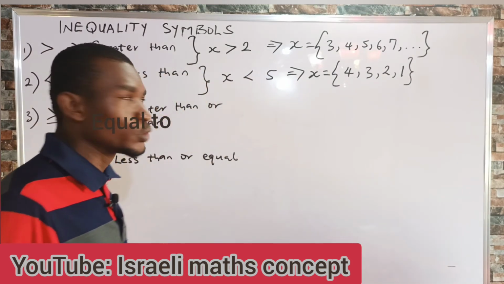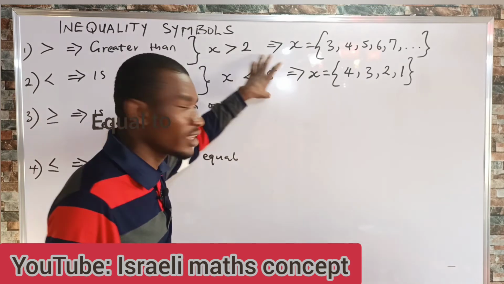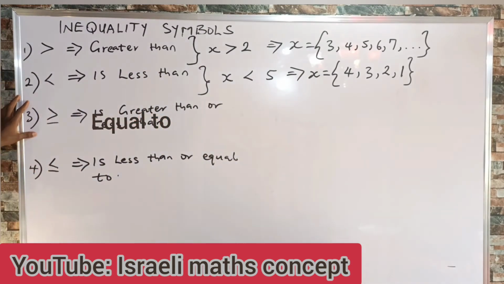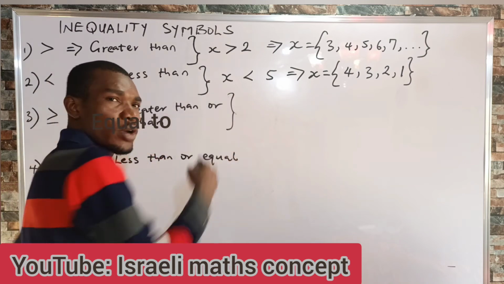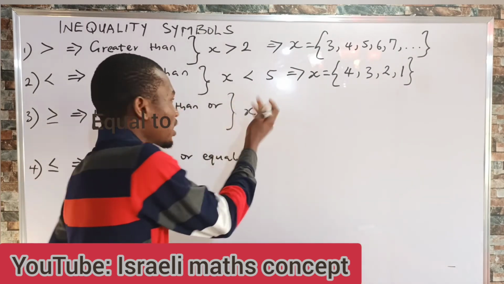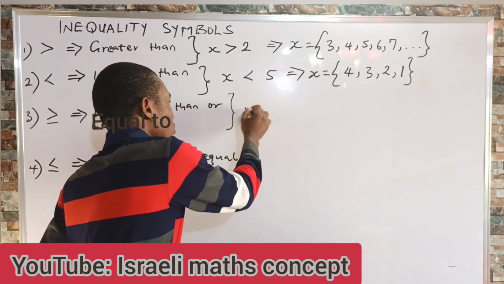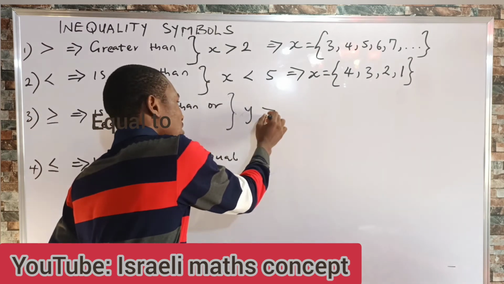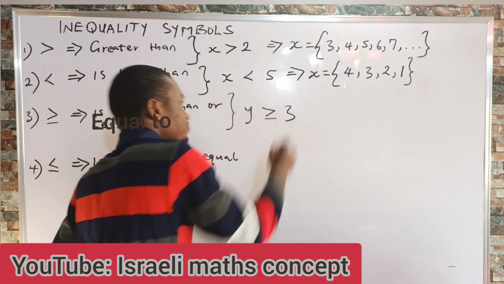Having understood the application of the inequality symbol less than, let's begin with the third example of inequality symbol, which is greater than or equal to. Let's say, for instance, we are given a question like this, that our x, we mustn't use x, we can change it to y. Any variable is still good. Maybe y is greater than or equal to 3.